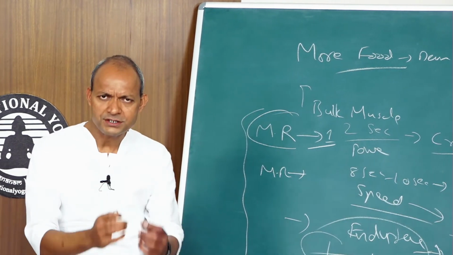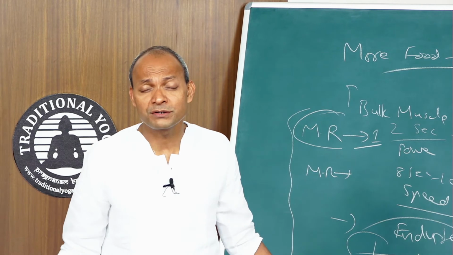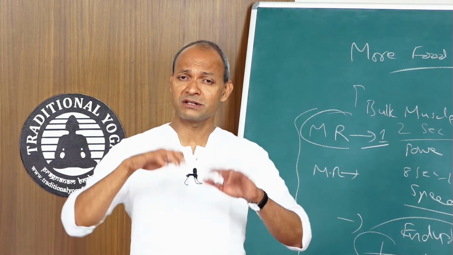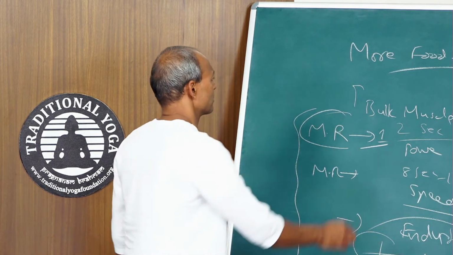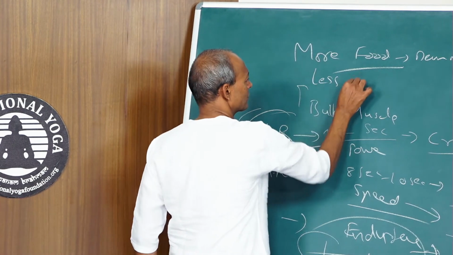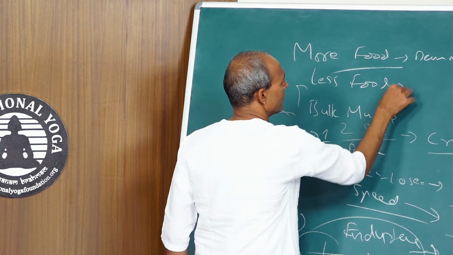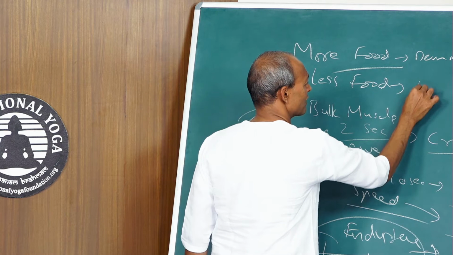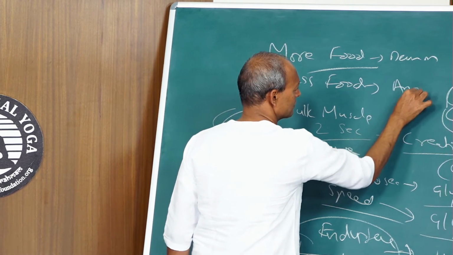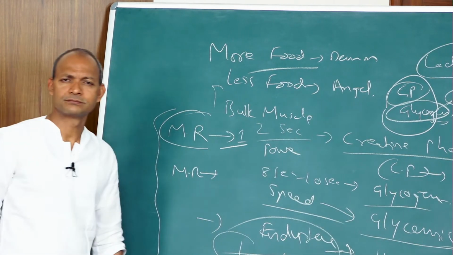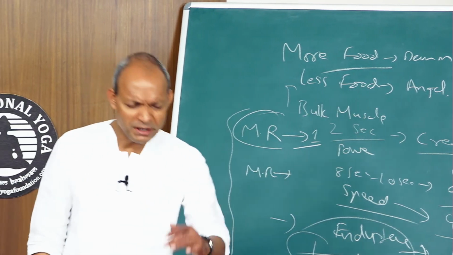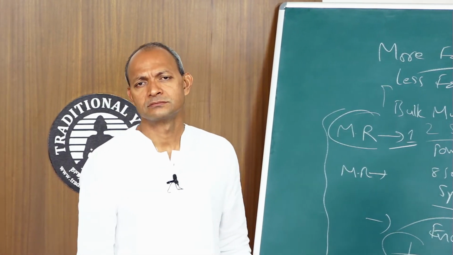Less food means your system is in conservation mode, your system is very healthy, your system is very energetic. So less food means you are a sura, you are a god, you are an angel. The minimum you consume. Why?